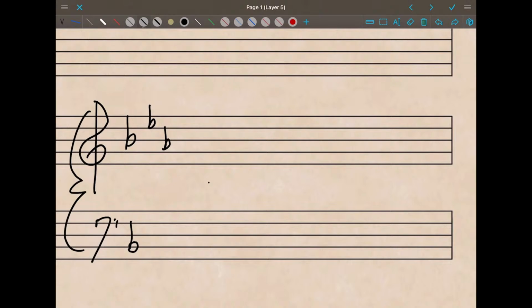Oh, well, let's do it with sharps, because with flats, it's just the next to last flat. That's easy to understand. So let's go back. Let's do this with sharps. I'm going to go here: F, C, G, D, A, and E.